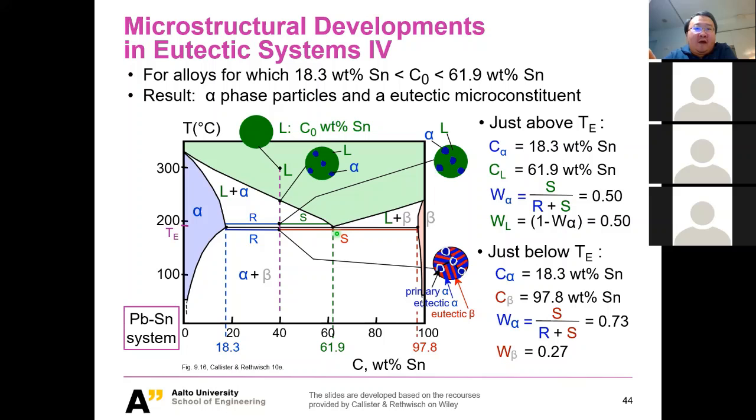The key point is that after that, the alpha will stay as it is, and your eutectic structure will start to form and superimpose on your formed alpha. Based on the formed alpha, you are cooling down your eutectic structure. Then the rest just comes. So this is a very key point for you to remember for the eutectic structure.